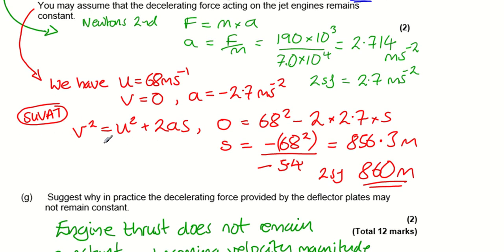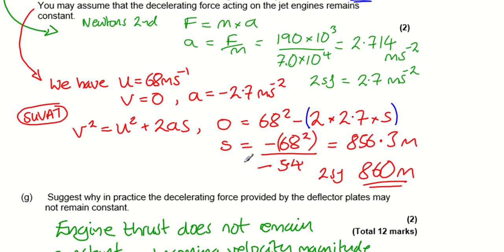Find the appropriate SUVAT formula. You've got one here which doesn't have time in it, because we don't know anything about that. v squared is u squared plus 2as. v squared is 0, u squared is 68 squared, and then minus, and if you want to be pedantic about it, put brackets around that, minus 2 multiplied by the acceleration 2.7 multiplied by s, and the minus there has come from this being a minus acceleration.